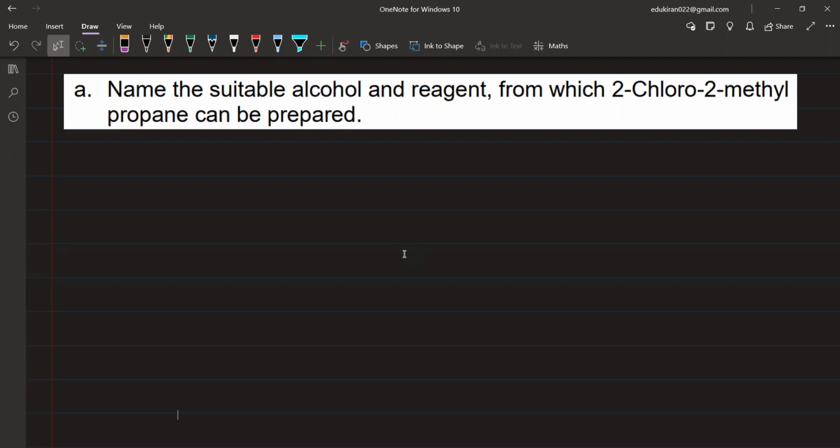You have to use an alcohol. This is a very easy question, okay? 2-chloro-2-methyl propane. First tell me the alcohol. Zan, a suitable alcohol.